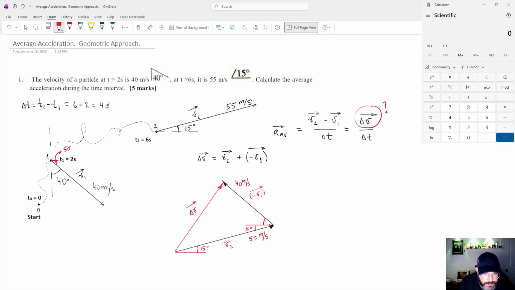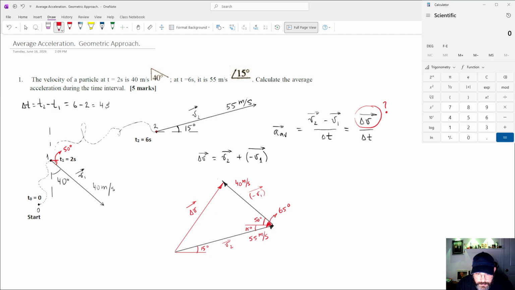So this is 50 degrees, and altogether this angle here gives us 65 degrees. Okay, good. So we have two sides and the angle in between. So it means that this triangle is set. And that means that we can calculate everything else in this triangle.